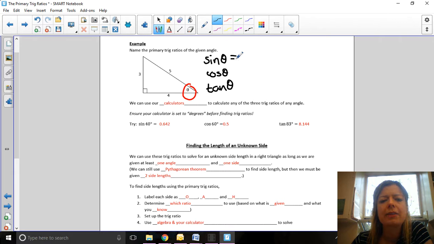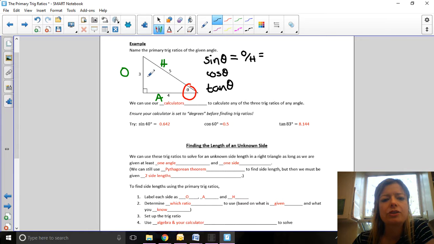Well, the sine of theta, if you remember SOHCAHTOA, sine is O over H. So it helps us before we actually do this to make sure we label this triangle with the O, H, and the A. Since this is the reference angle, this here is the hypotenuse, the opposite is over here, and the adjacent is here.